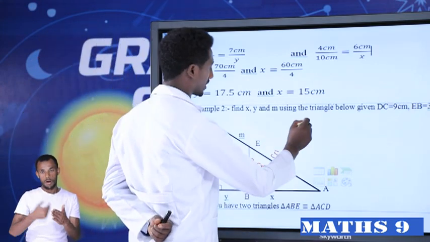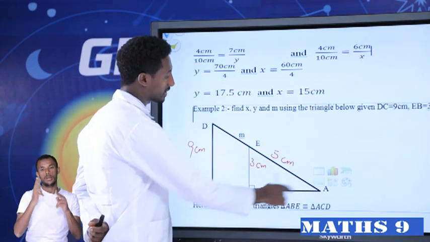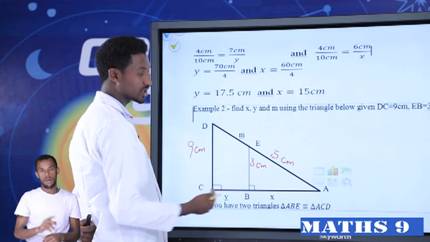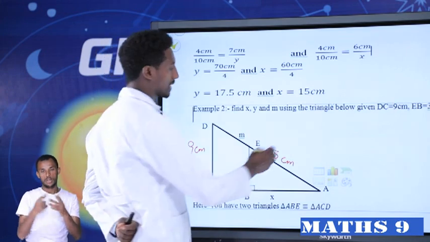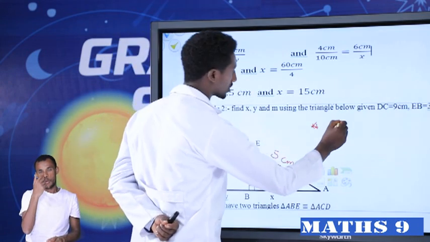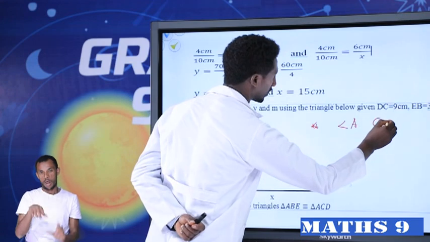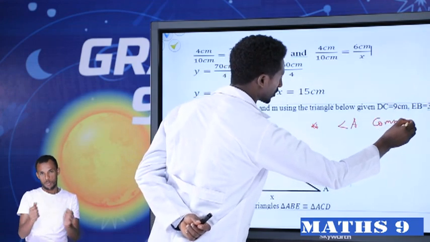Here we have two triangles, that is this very small triangle and the larger one. So first we have to show these triangles are similar. Angle A is a common angle for both triangles.